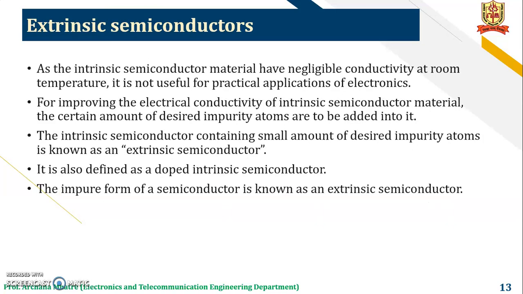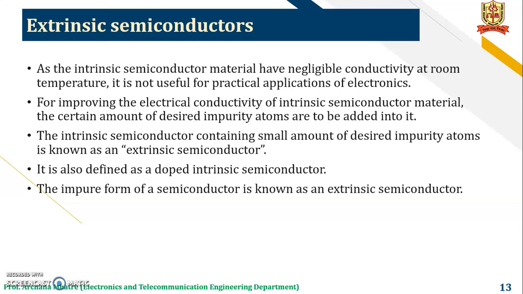Now, next type is the extrinsic semiconductor. As the intrinsic semiconductor material has negligible conductivity at room temperature, it is not useful for practical applications of electronics. For improving the electrical conductivity of intrinsic semiconductor material, a certain amount of desired impurity atoms are to be added into it.